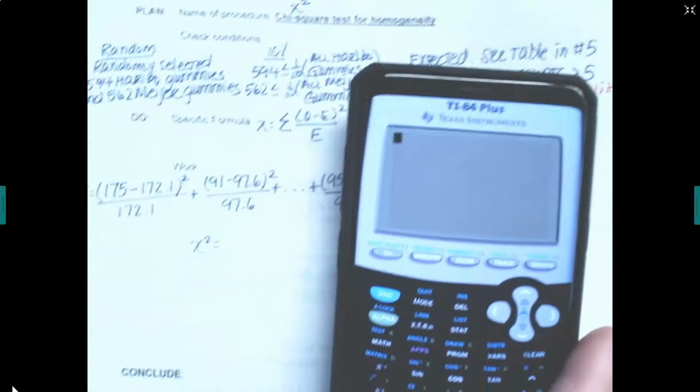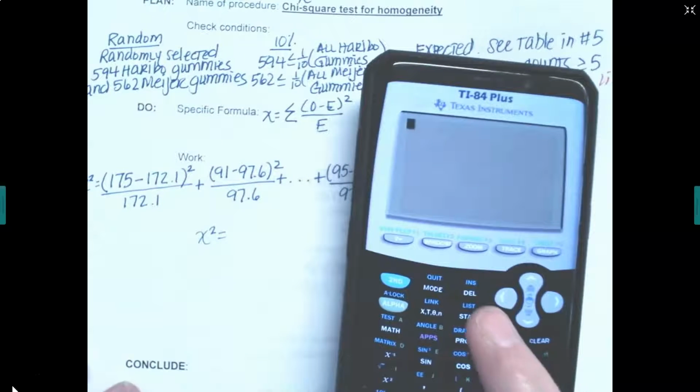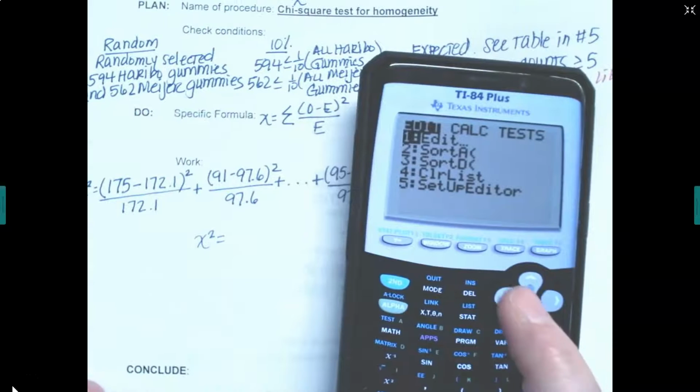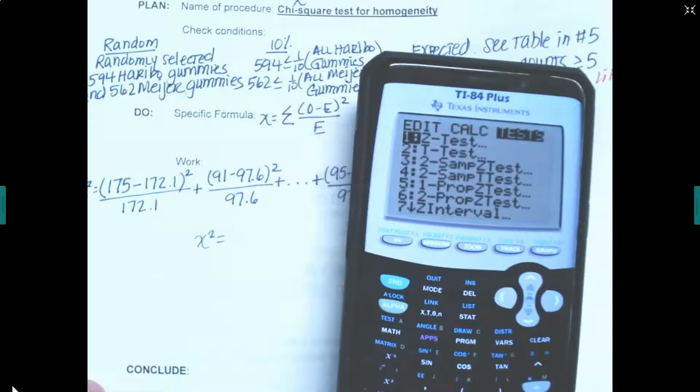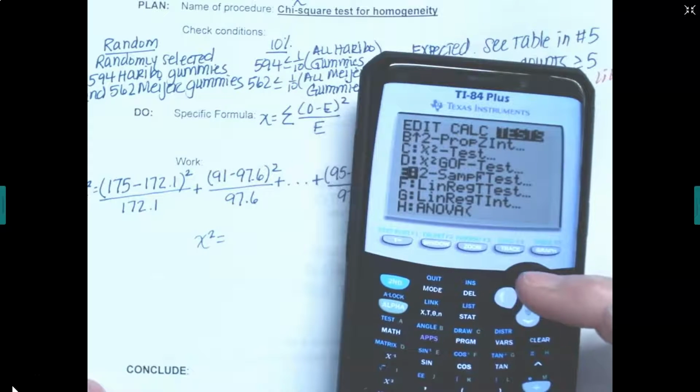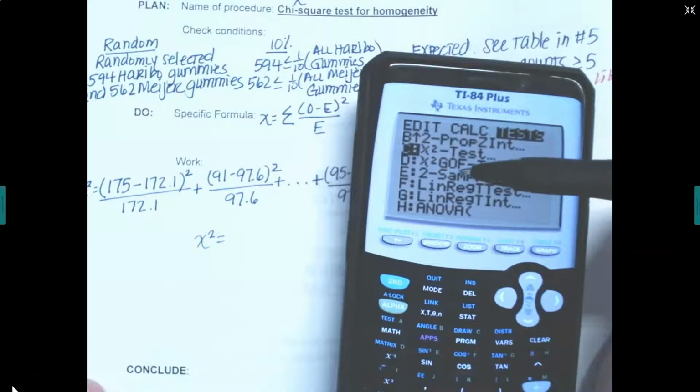Okay, so we're going to go into stats, go back over to tests like we were doing for our goodness of fit, and go up and you just want the chi-squared test. We don't want the goodness of fit because this won't work for it because that's really a one-way table and we have a two-way table.